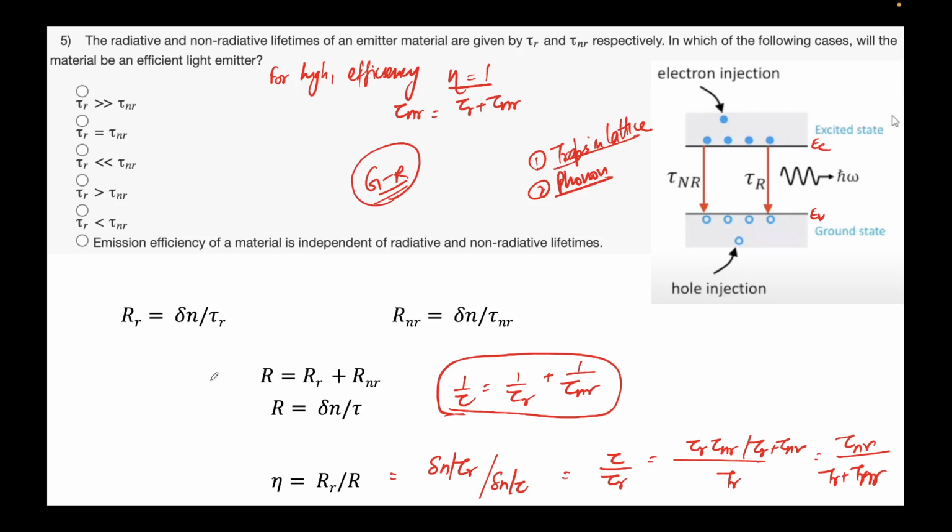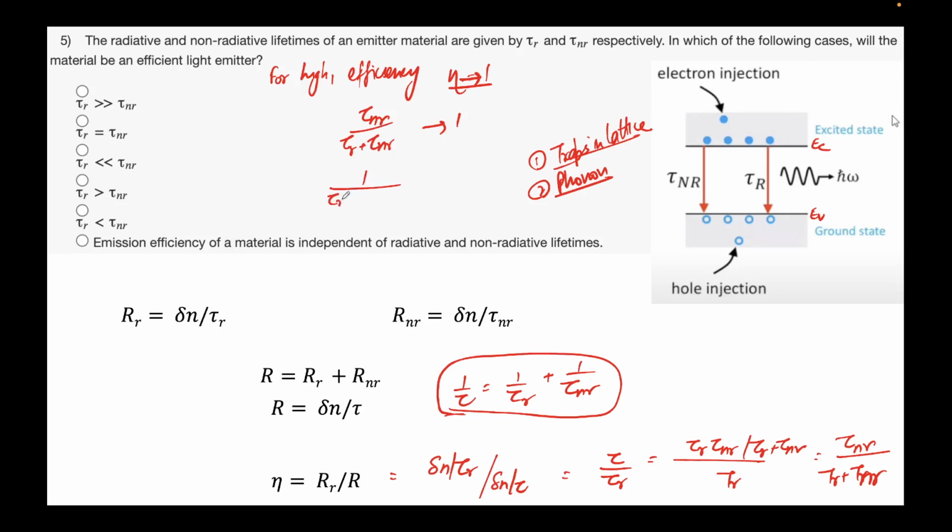Let's not do it this way, let's try to do it through limits, because then only we'll be able to appreciate the relative lifetimes. Okay, eta should approach 1, right? So this means tau nr should approach 1. What I'll do is divide numerator and denominator both by tau nr.